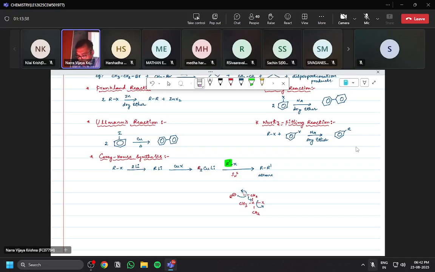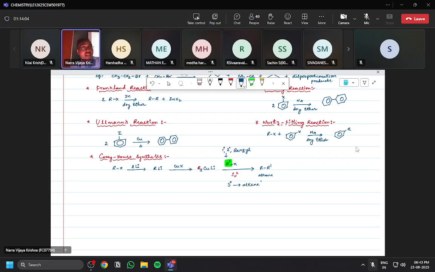So that's why, to form alkane, this may be either primary or secondary or maybe benzyl, but it should not be tertiary or phenyl. In case of tertiary, you will get alkene.